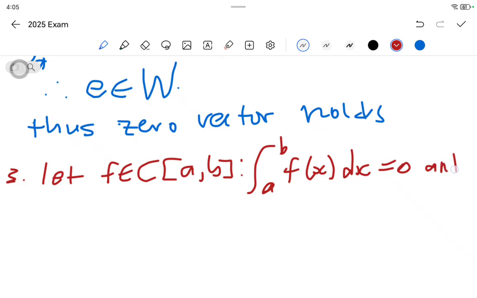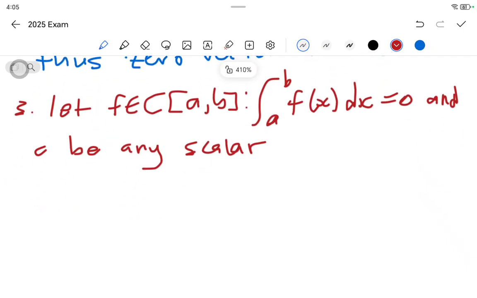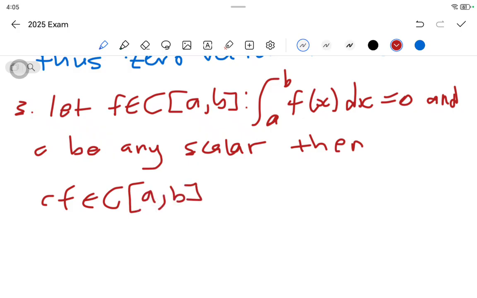And let c be any scalar. And then we know that cf, the integral of AB of cf of x dx, is equal to, we don't know if it's 0 yet.